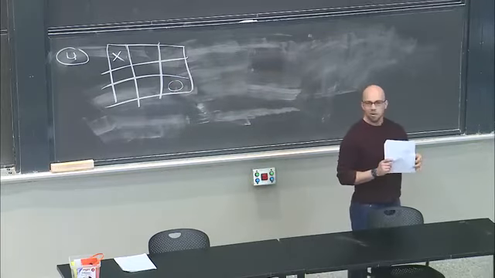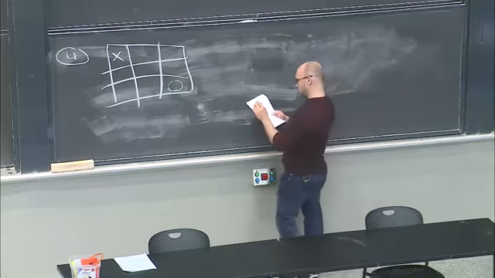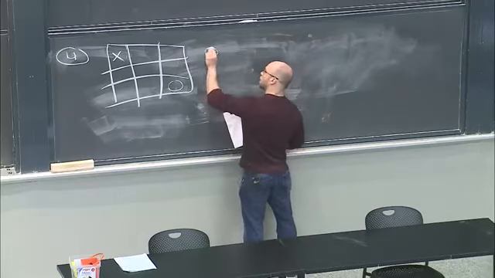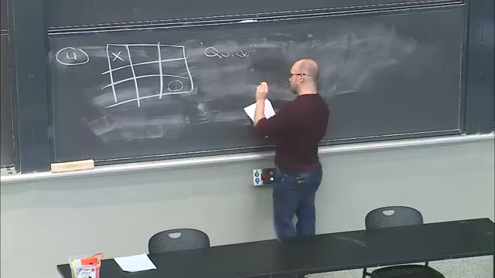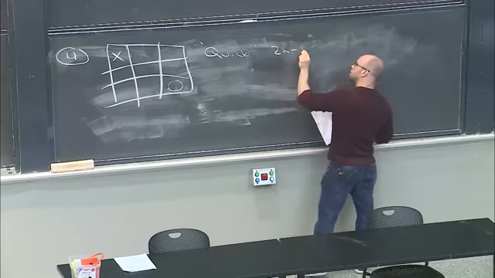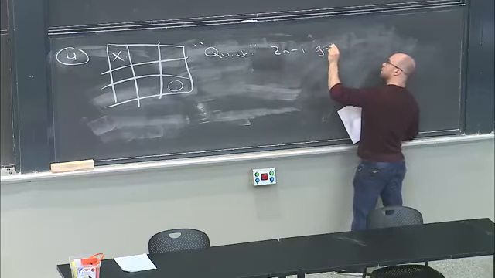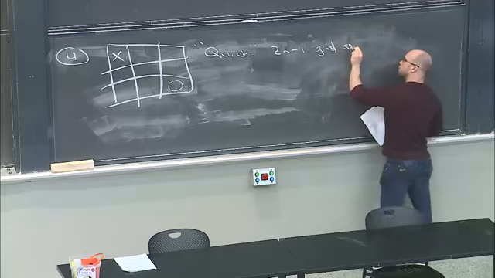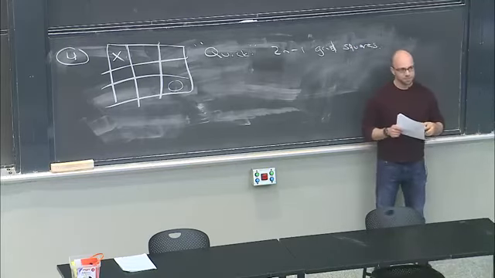And moreover, there's a couple things that are worth noting here. So first of all, her path is quick, meaning that she can only traverse 2n minus 1 grid squares to get from one corner to the other.